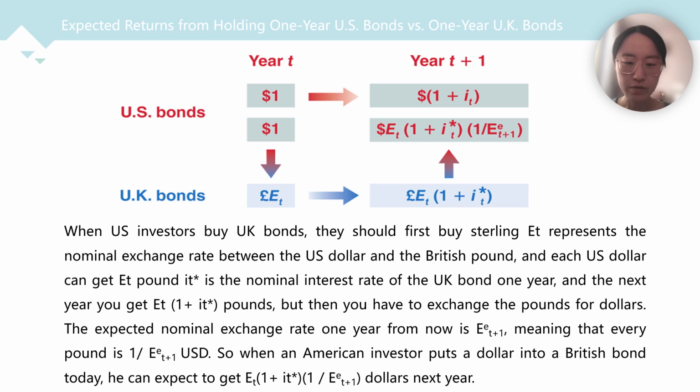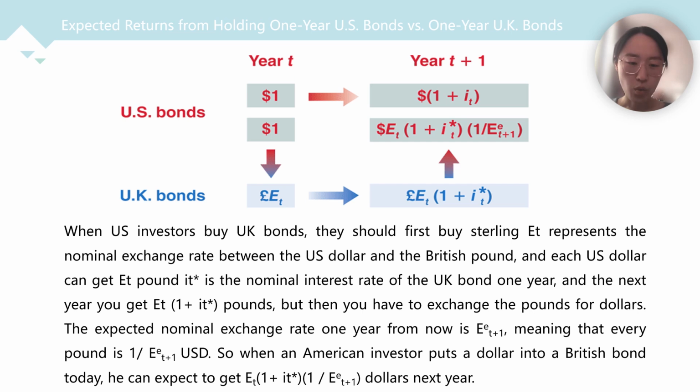But then you have to exchange the pounds for dollars. The expected nominal exchange rate 1 year from now is E^e_{t+1}, meaning that every pound is 1 divided by E^e_{t+1} USD.